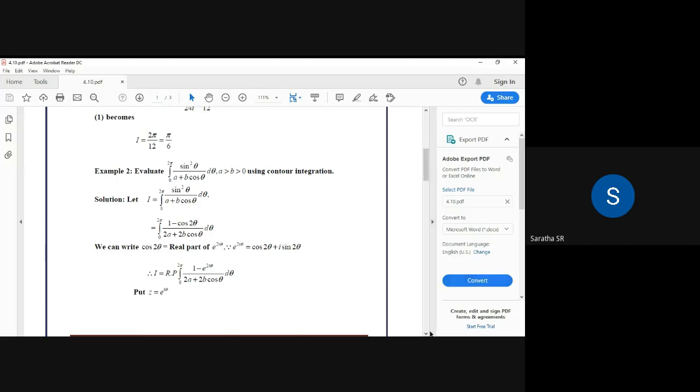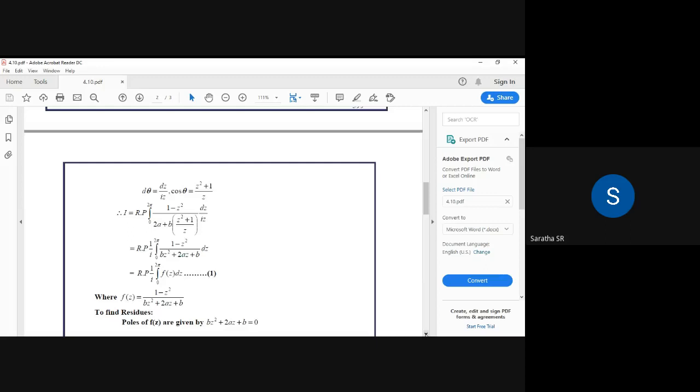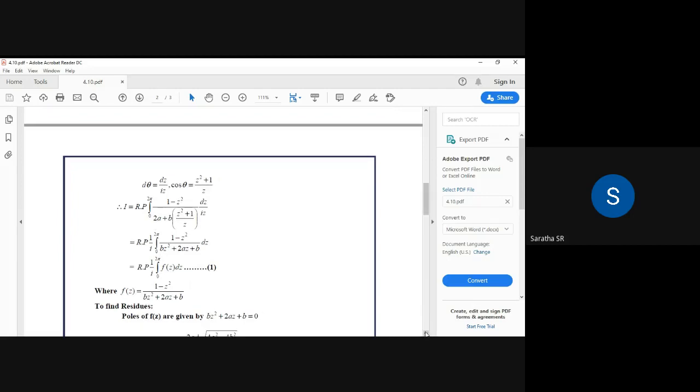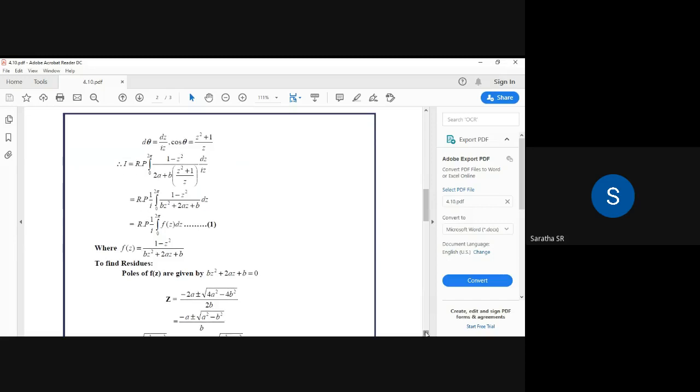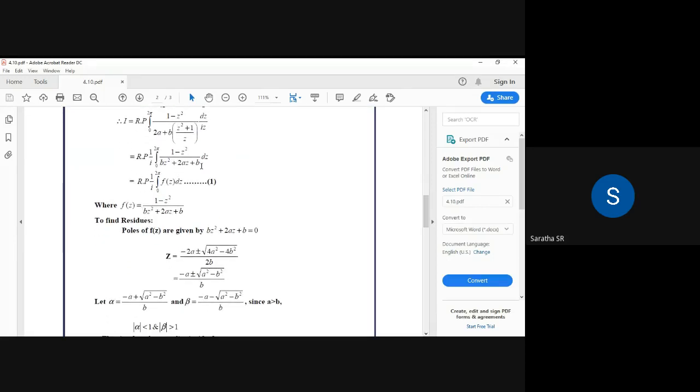If you make this assumption in the given problem, then the problem is reduced in terms of z, that is your complex number. Once you have the complex number, we can use the residue theorem. Before that we have to find the poles. First find the poles based on the denominator with the help of the quadratic formula.